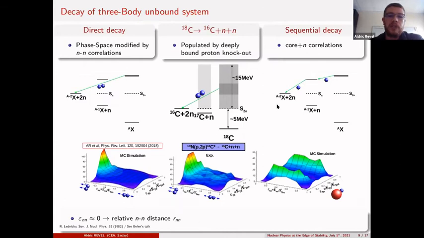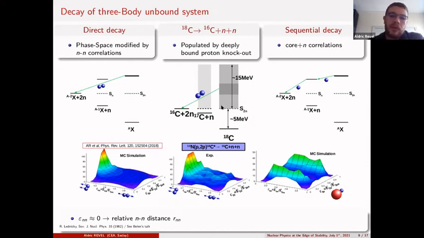And so here I show an example of some results that we published a couple of years ago about carbon-18, that we populated by a deeply bound proton knockout. In this case, we were able to populate very high excitation energy states above the 2 neutron emission threshold, which in the case of carbon-18 is at about 5 MeV.